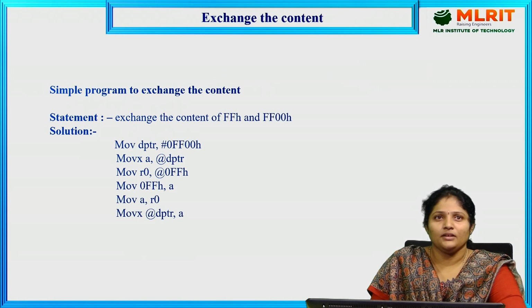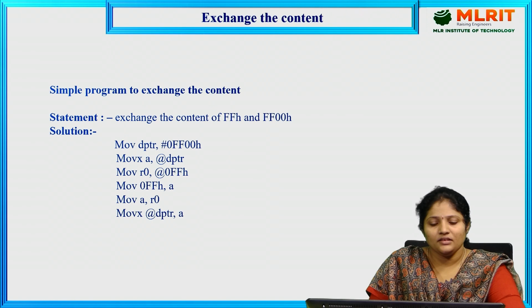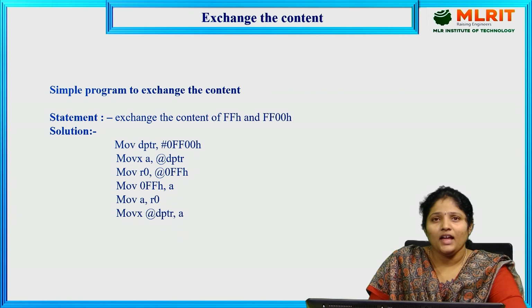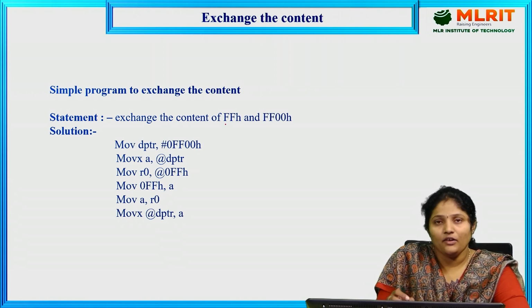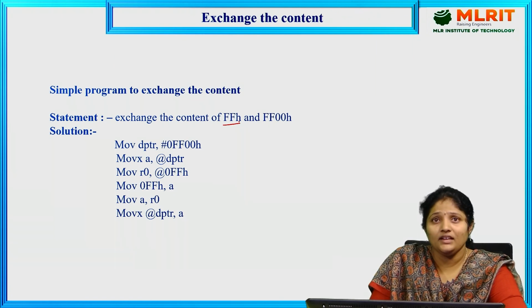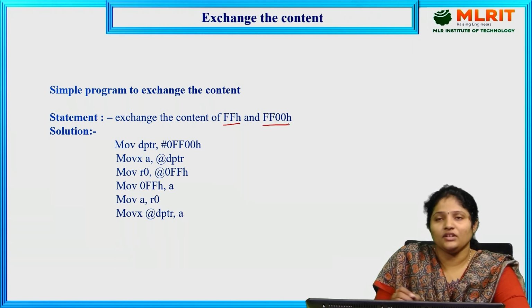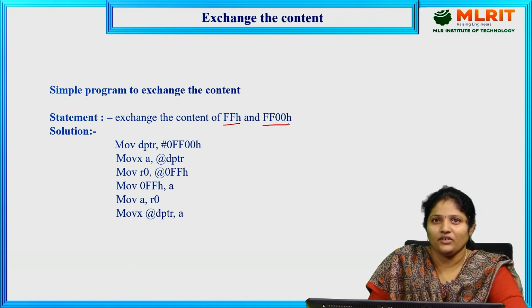Coming to the first program, here the program is about how we are exchanging the data from one memory location to the other memory location. As you can see here, the addresses mentioned in the program statements are one 8-bit address location and another one 16-bit address location.